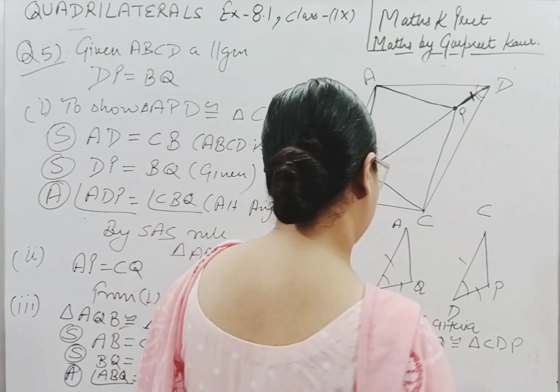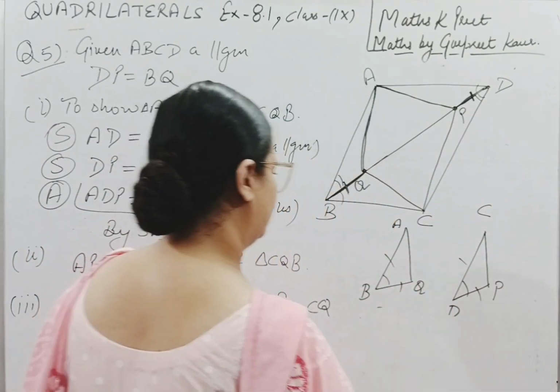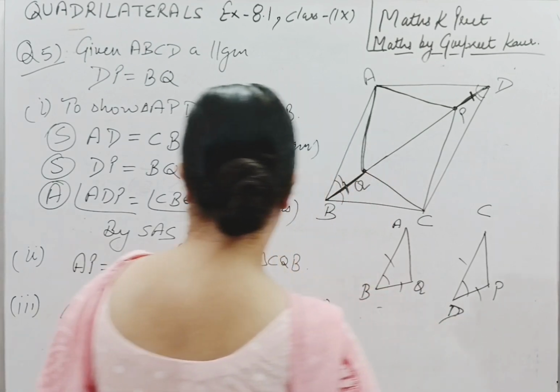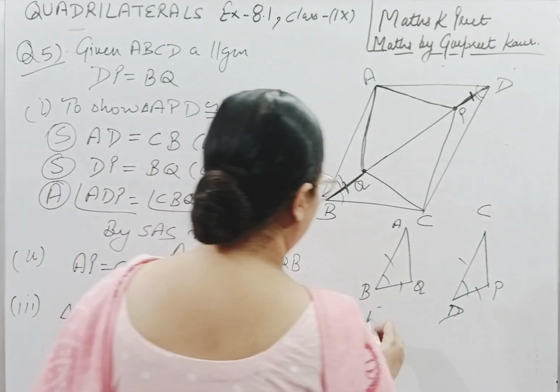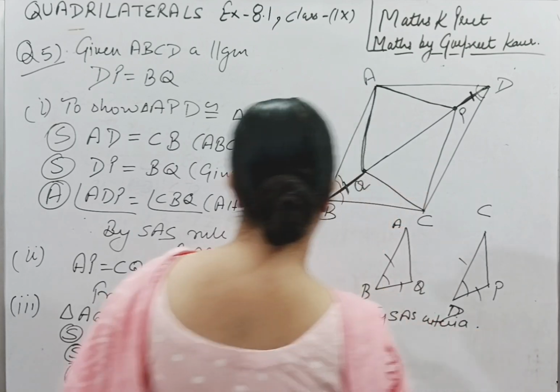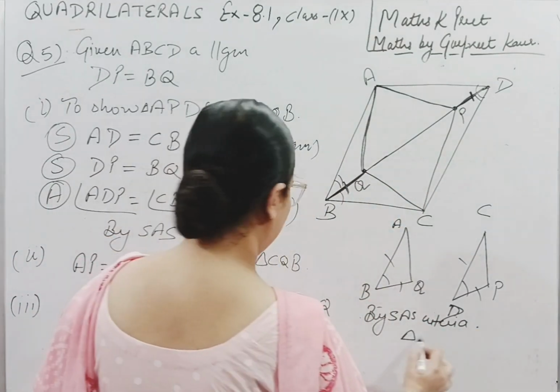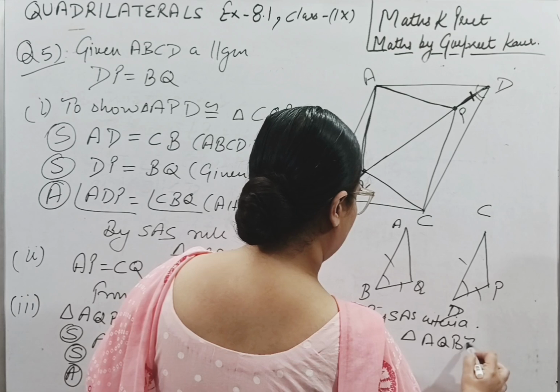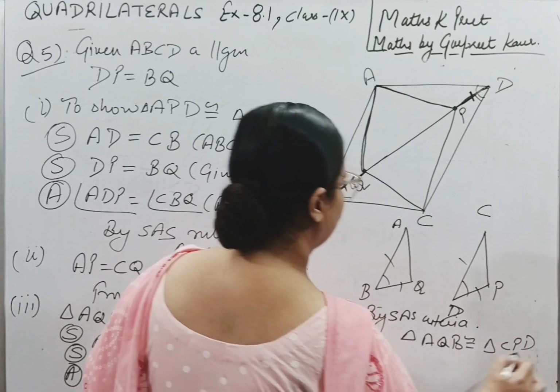Therefore, by SAS criteria, we have proved that these two triangles, triangle AQB is congruent to triangle CPD.